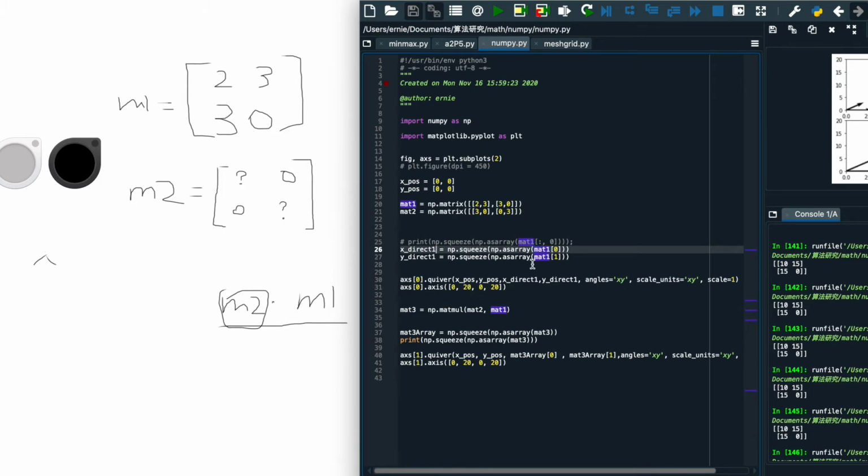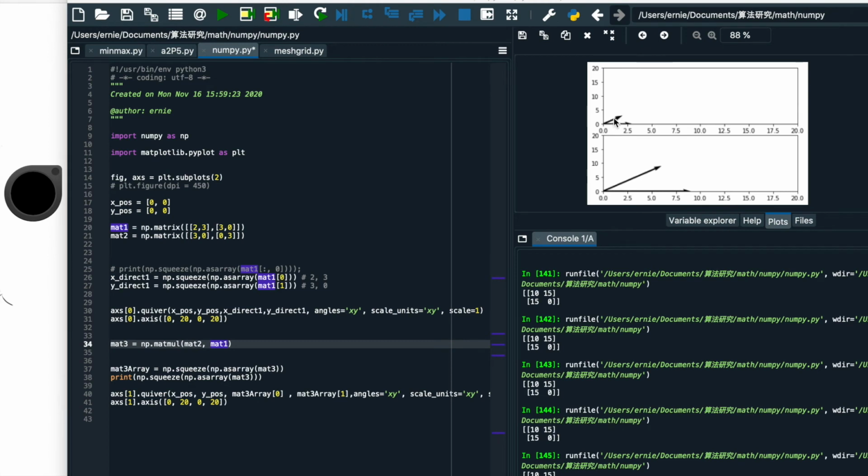This part only accepts arrays, that's why I had to turn it into an array. The values inside are just 2 and 3, and here just 3 and 0. The direction is the y value divided by the x value, so for this arrow we take 3 divided by 2, and we get the direction information.